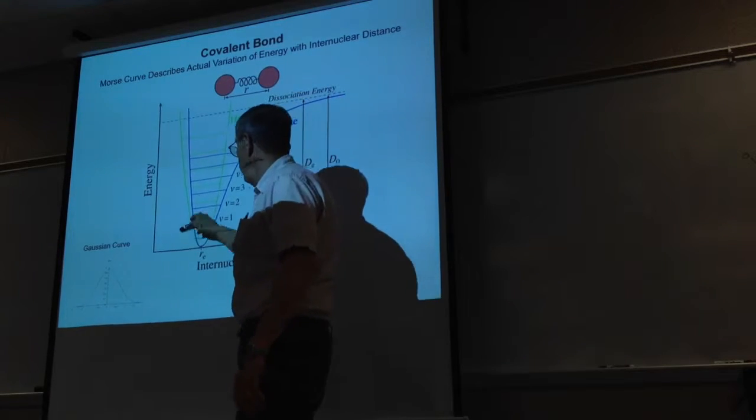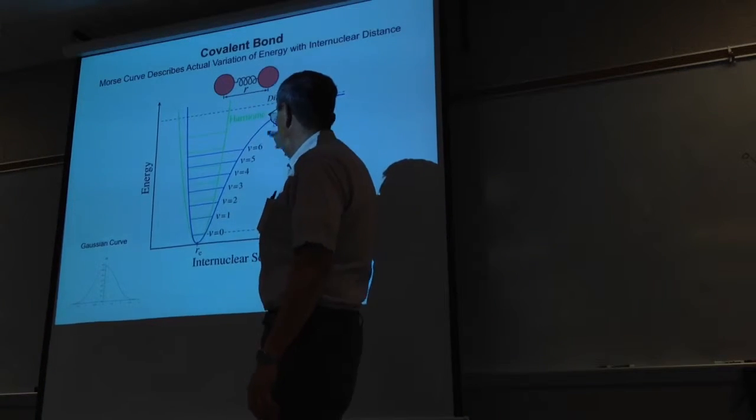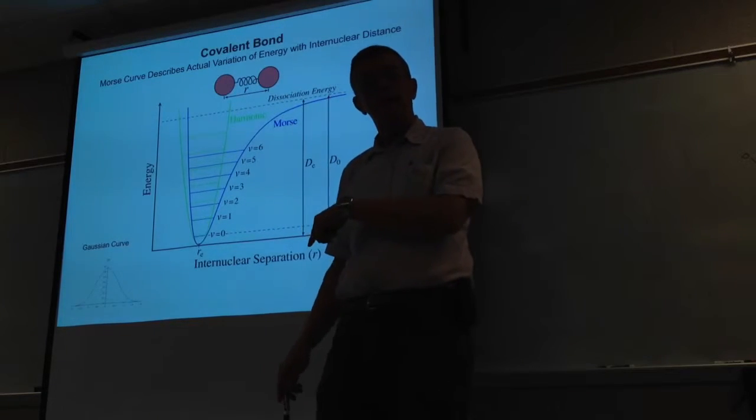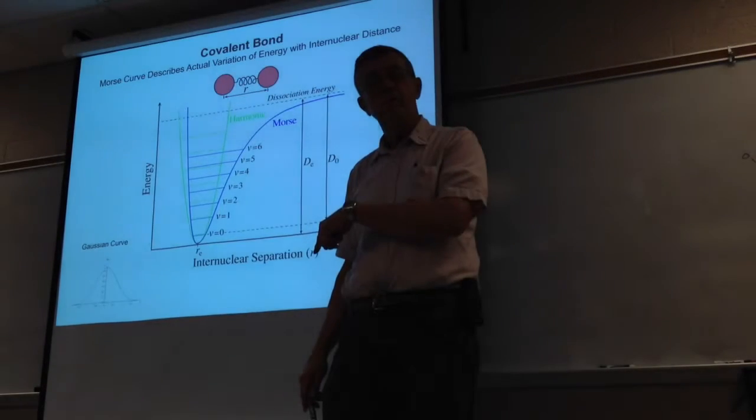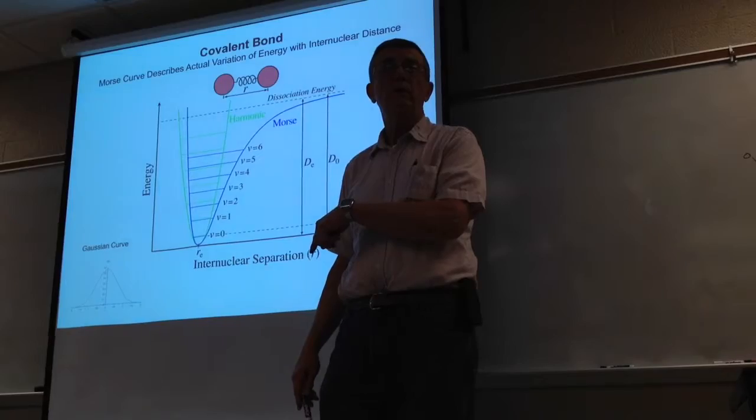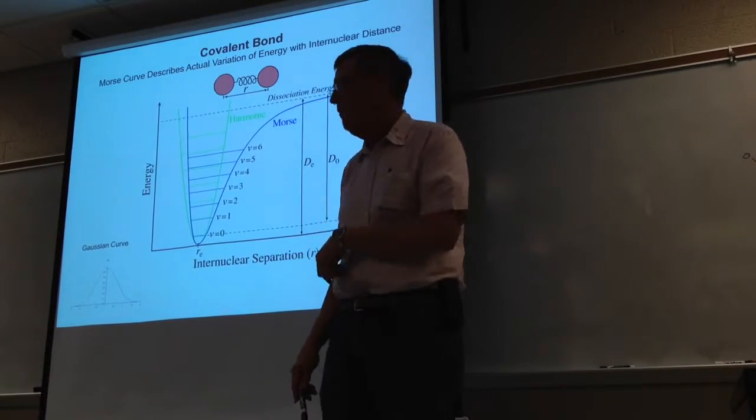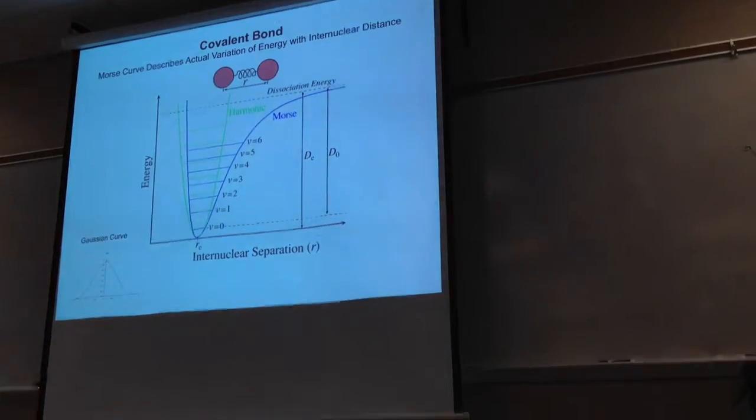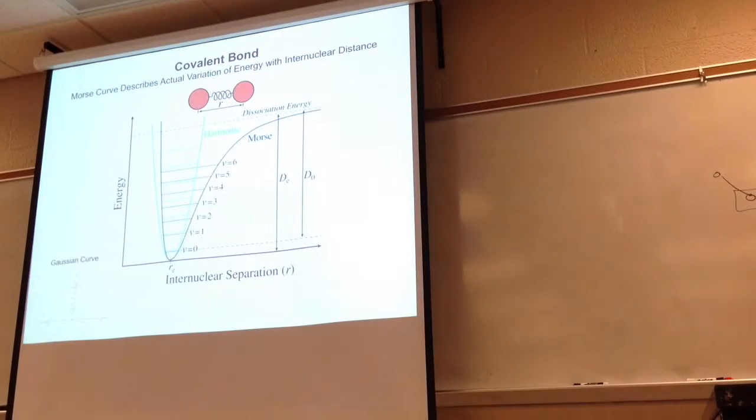This is the way a bond really behaves. By the way, that kind of looks like the non-bonded interaction, doesn't it? Same type of curve, which is called a Morse curve. And here's a nice diagram of a Morse curve compared to a harmonic oscillator type.